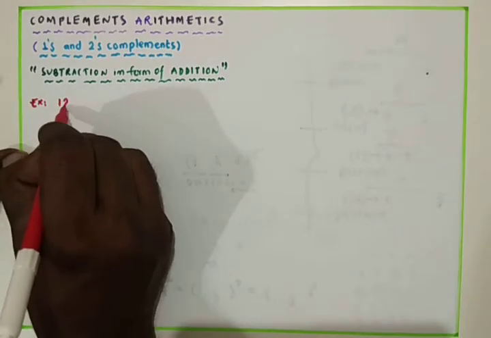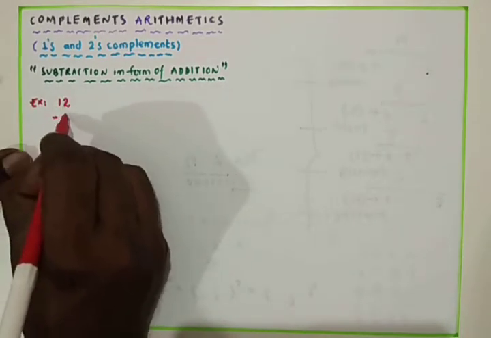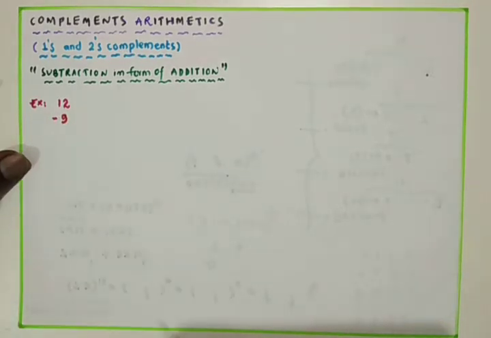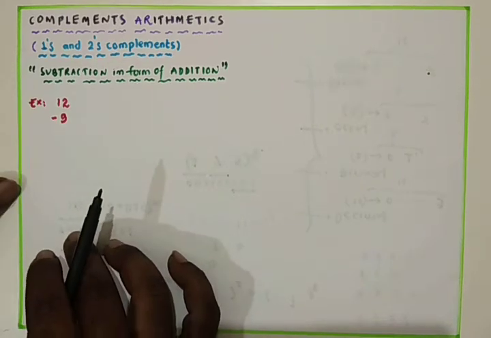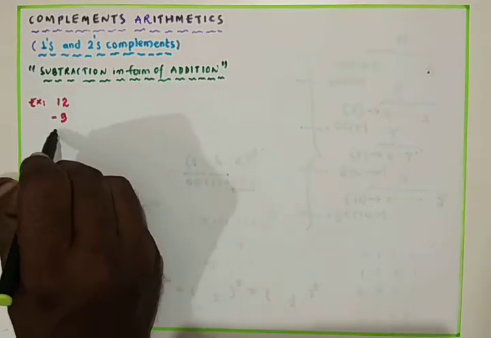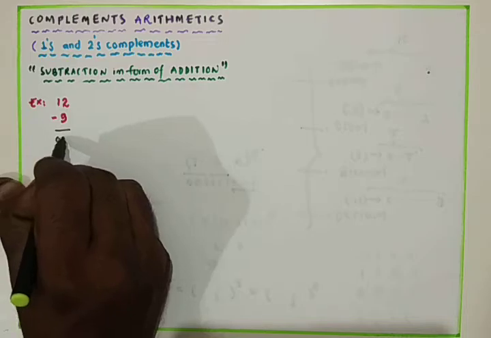Example: 12 minus 9. 12 is a decimal number and 9 is also a decimal number. 12 minus 9 is what? We know this one. 12 minus 9 is always 3 only.